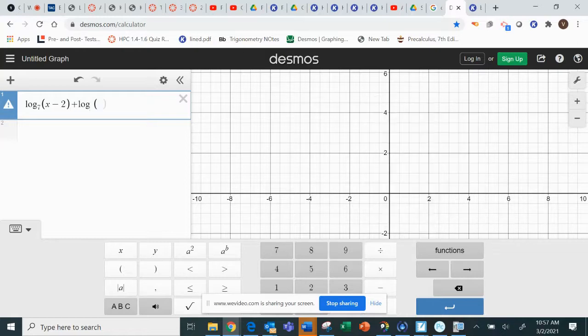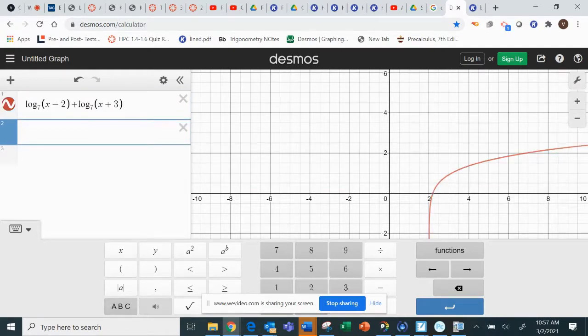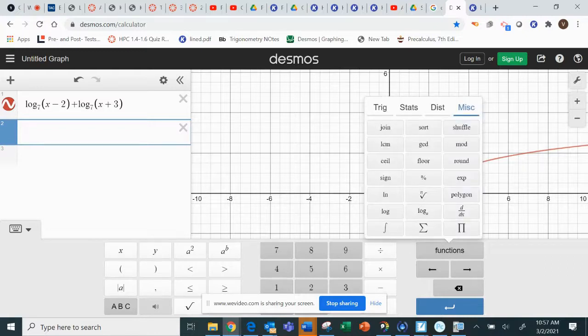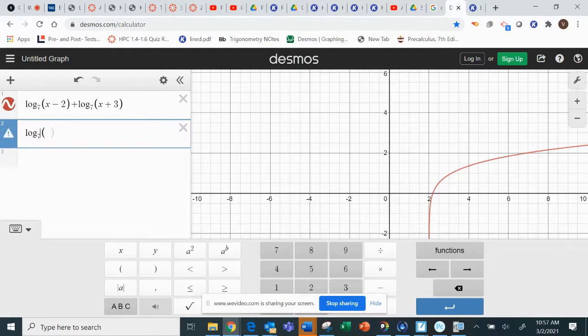Thank you. And then we were trying to find when it was equal to log base 7 of 14, right? Y equals.